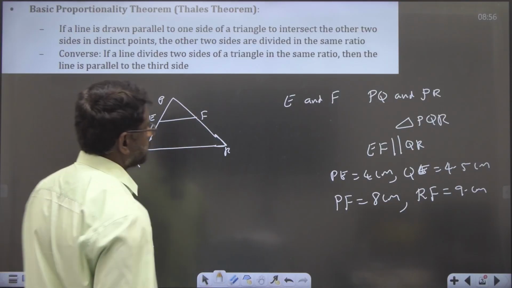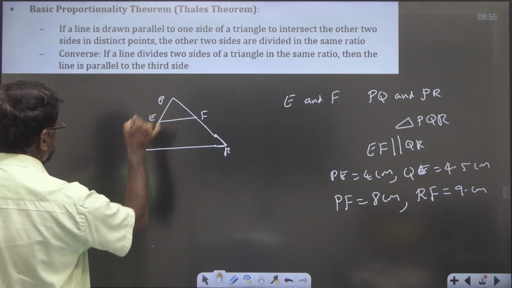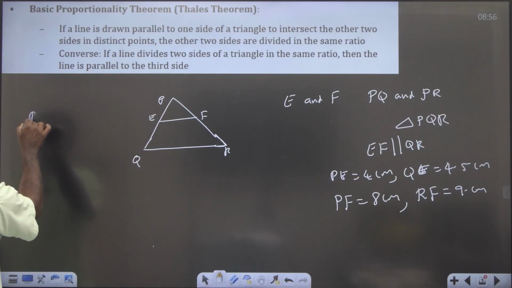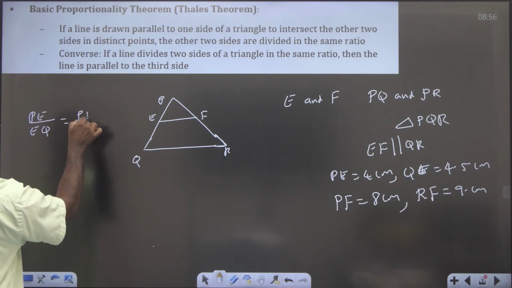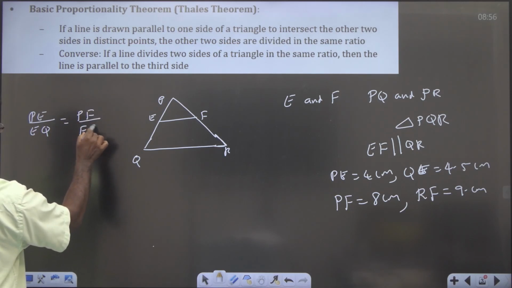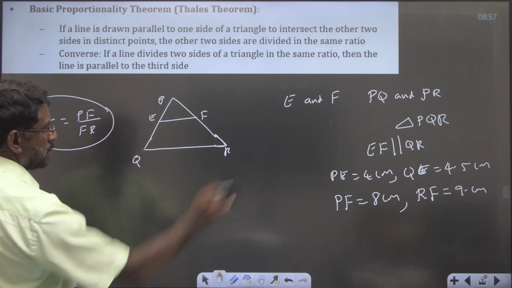By using the basic proportionality theorem from the figure, PE divided by EQ is equal to PF divided by FR. So we have to check using these figures.